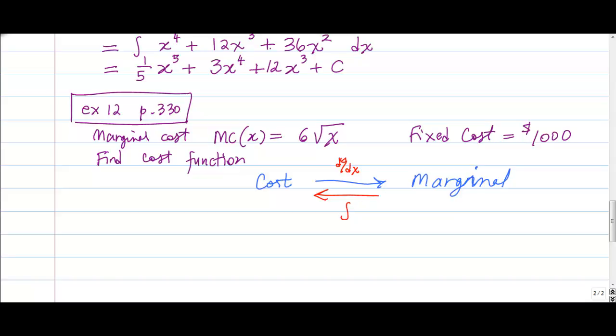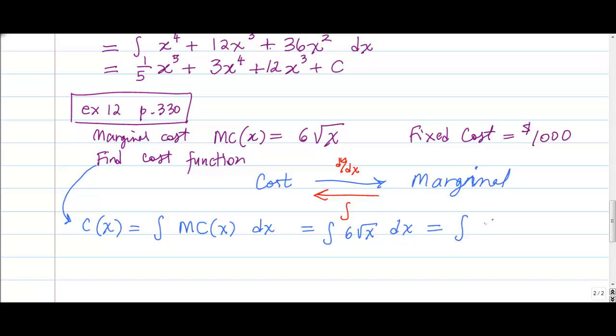So let's do that. To find the cost function, that's capital C of x, that's the integral of the marginal cost function, dx. So that is the integral of 6 root x dx.